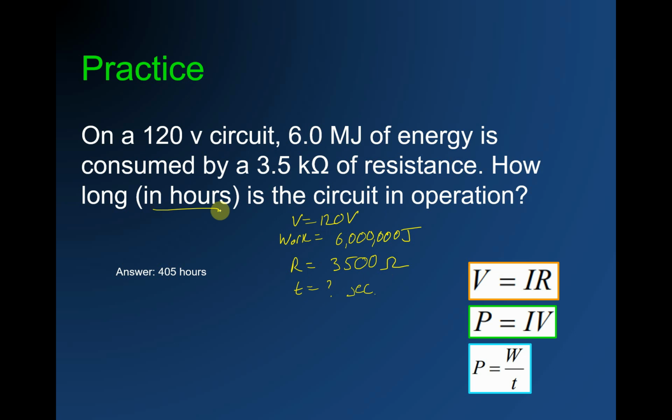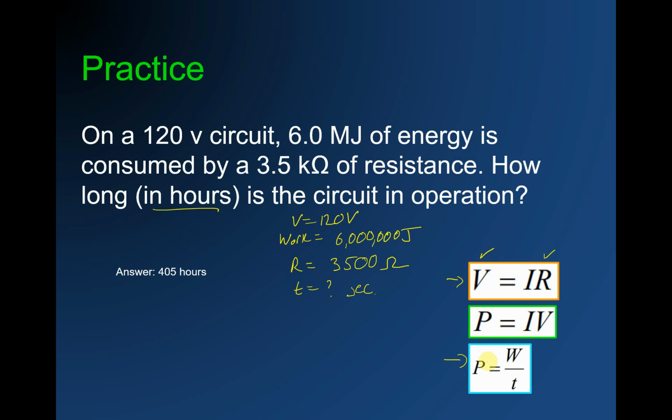Now let's think about problem solving. I think that they're giving us volts and resistance. We could solve for I. So that's a possibility. In the end, they want time, so clearly this equation is going to be important, and that equation is going to be important. But the question is, is that enough? Well, if I solve for current, you know there's no current down here.